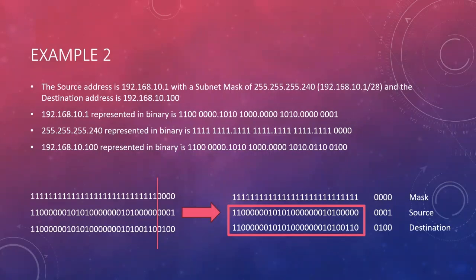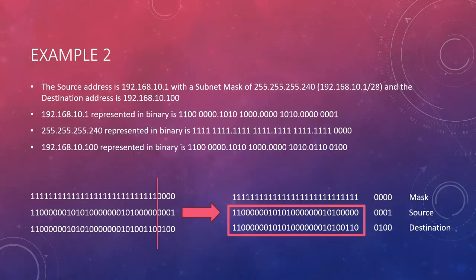So even though the addresses didn't change, the configuration of the network did. And so this is now a remote conversation. The device at 192.168.10.1, if it wants to send to .100, can't communicate directly with it, because they're on two different networks.